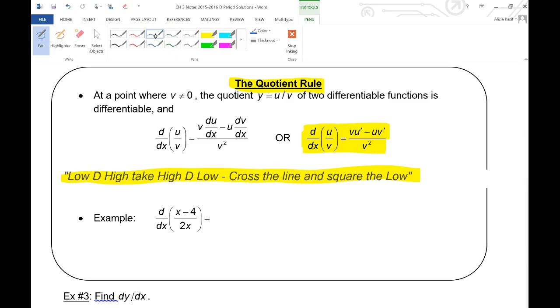Low means the denominator. Whenever you see the letter D, that means take the derivative of.